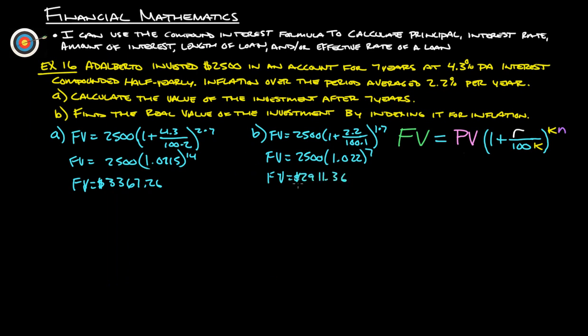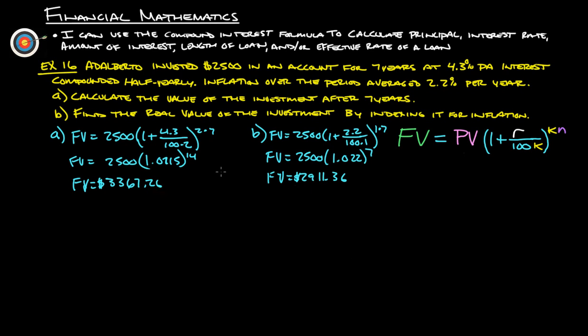So that means that $2,500 would be worth $2,911.36 in 7 years.